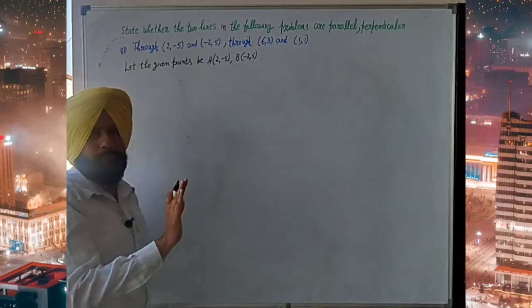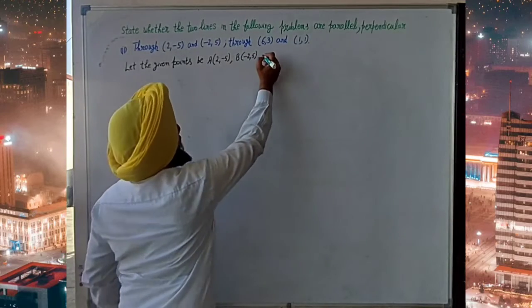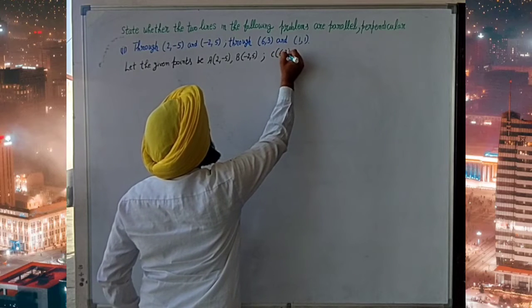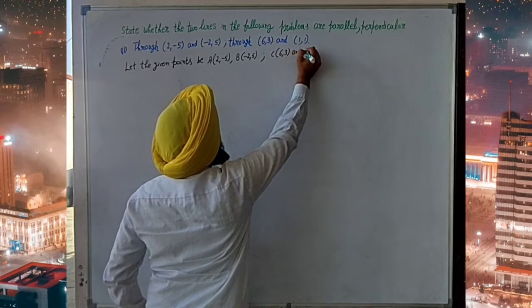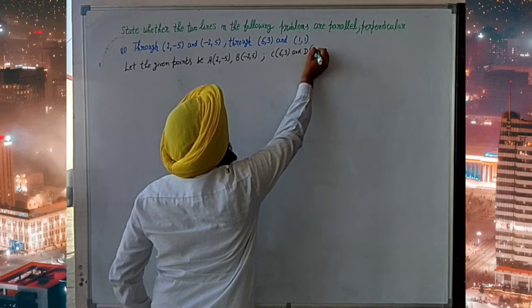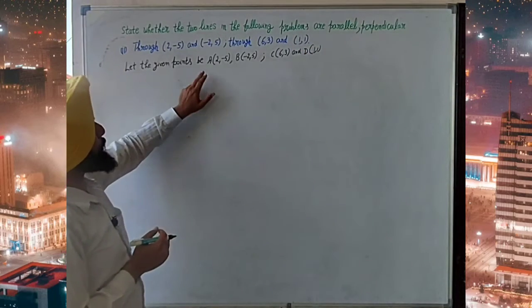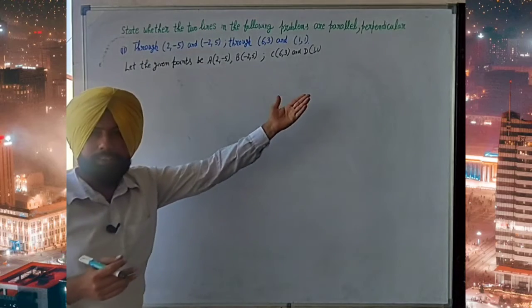These are the first line points, and C 6, 3 and D 1, 1. Now we will find the slope through AB and CD.